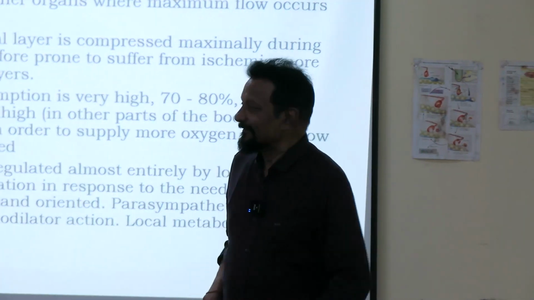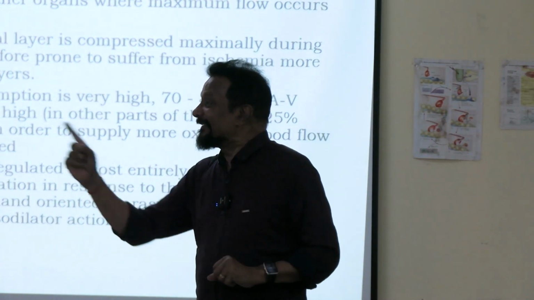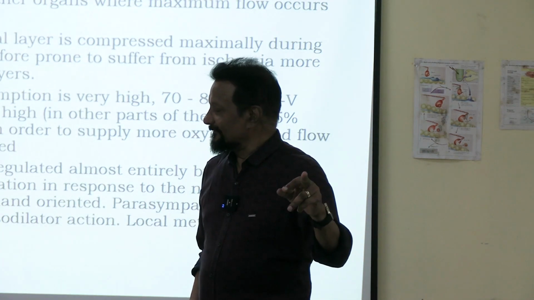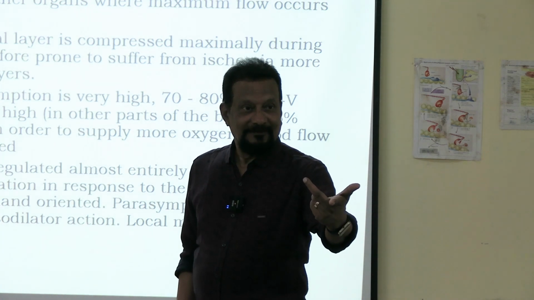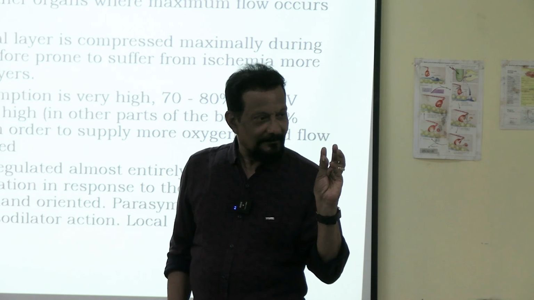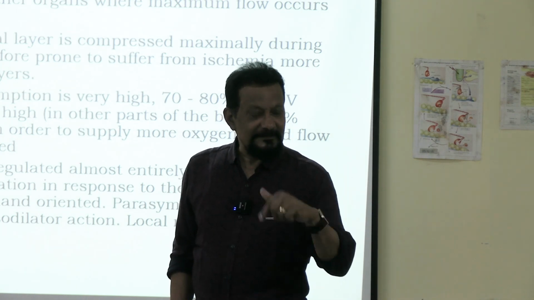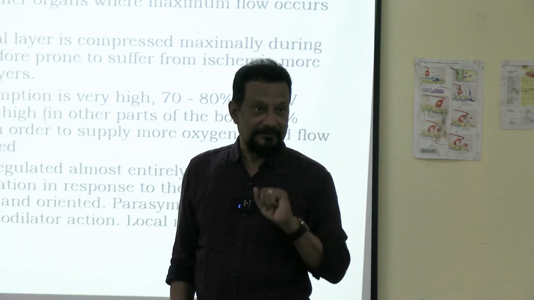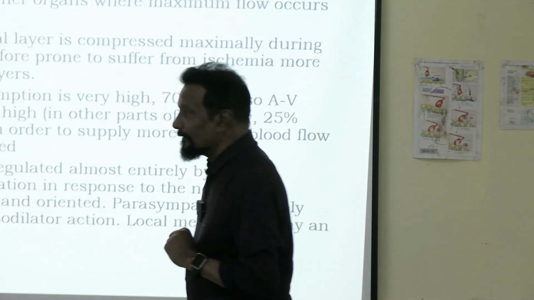Another is, as he said, the amount of blood ejected in 1 minute by each ventricle. That is minute volume, minute output. One is by stroke, another is during each minute by each ventricle.